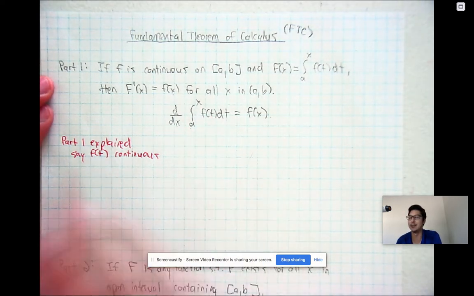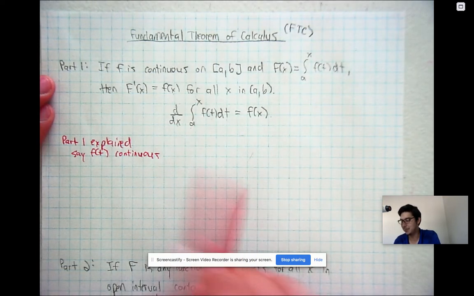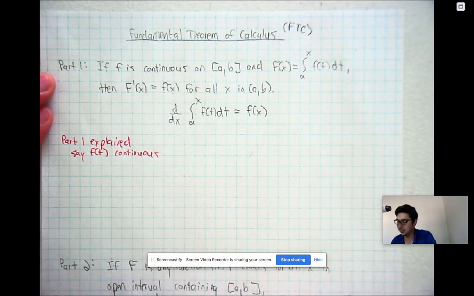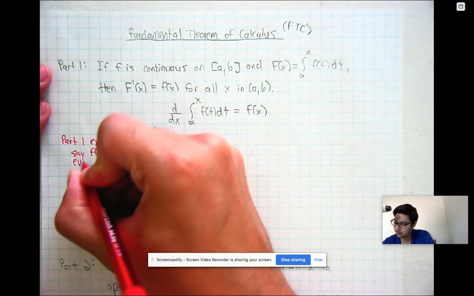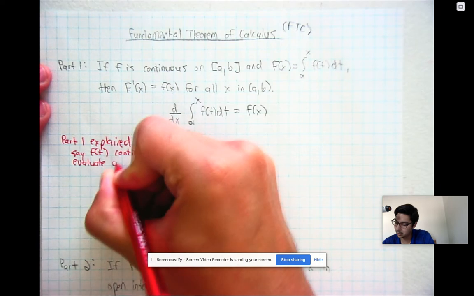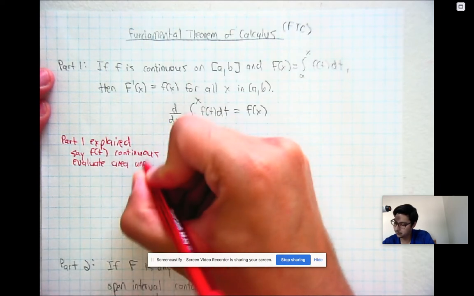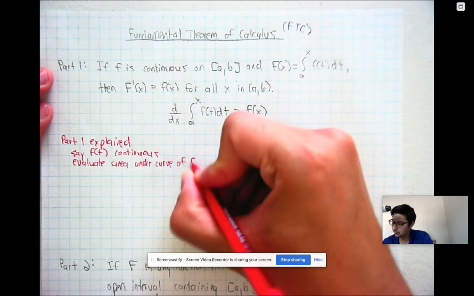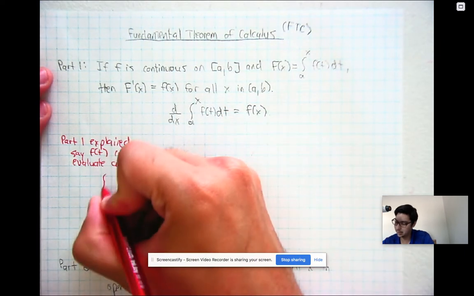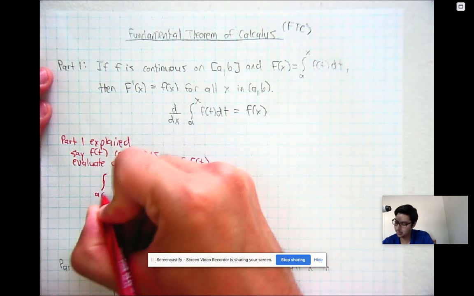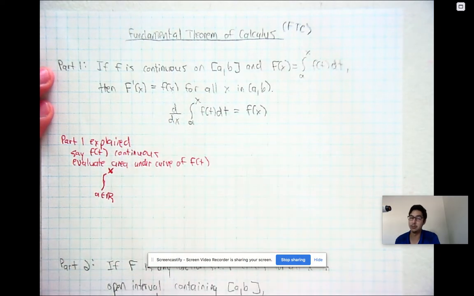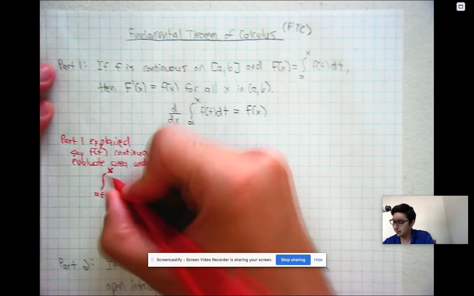So say we have a function that's continuous, and we want to evaluate the area under the curve of f of t, from some constant a, where a is just any real number, to some value of f of t dt.